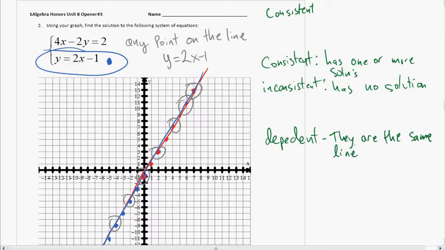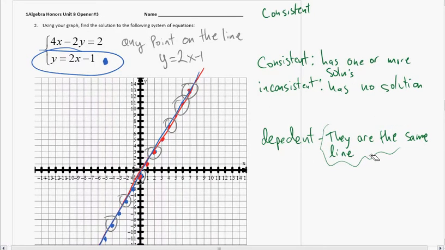Now, when you get up to higher dimension things, this part is not necessarily true. But for our purposes today, we can think of dependent as meaning they're the same line. And so then independent simply means they are not the same line.